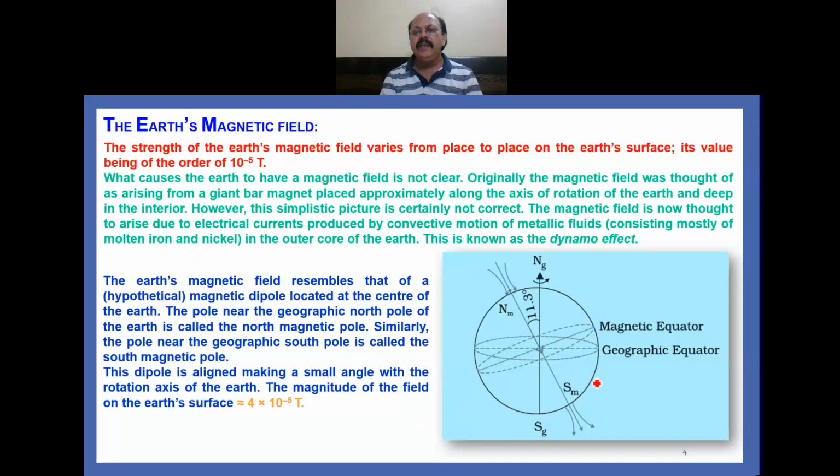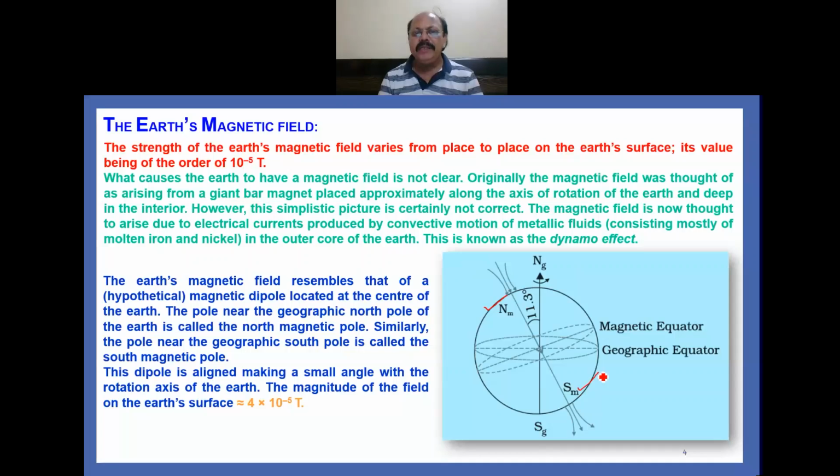You can see that here, near the geographical north, the pole is known as the North Magnetic Pole, and similarly, near the geographical south, the pole is called the South Magnetic Pole.